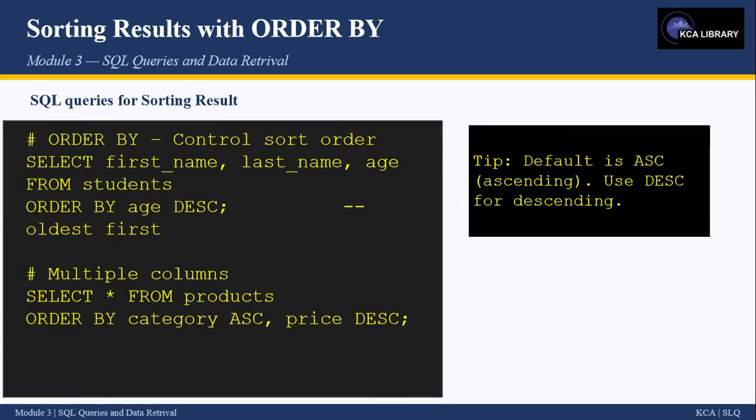You can sort by multiple columns. Use the query SELECT * FROM product ORDER BY category ASC, price DESC. Default order is ascending, and use DESC for descending order.